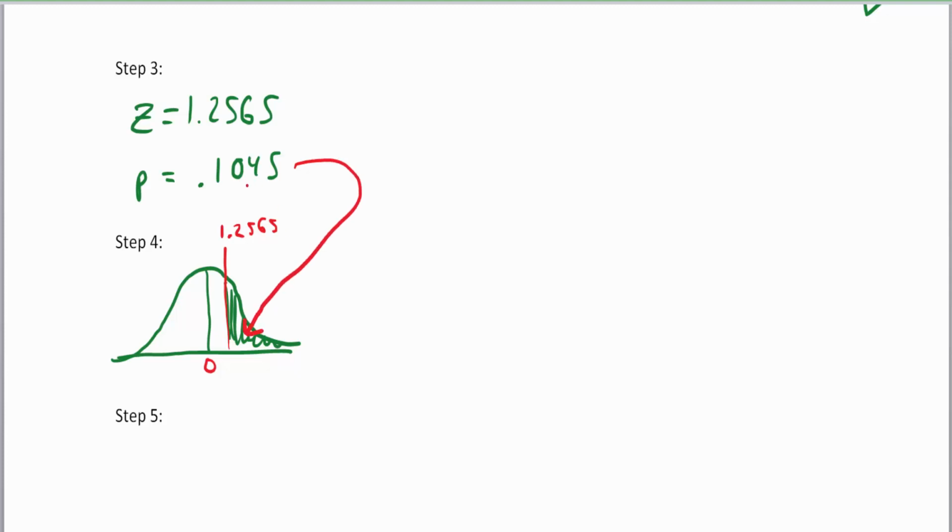This says we had a 10.45% chance, and this is the closest call here because we're doing a p versus an alpha. The alpha was 10%, the p-value was 10.45%. If you move the decimal over twice, well, this is bigger, but man, is it so close there. But since it is bigger, we do not have enough evidence to reject the null hypothesis.